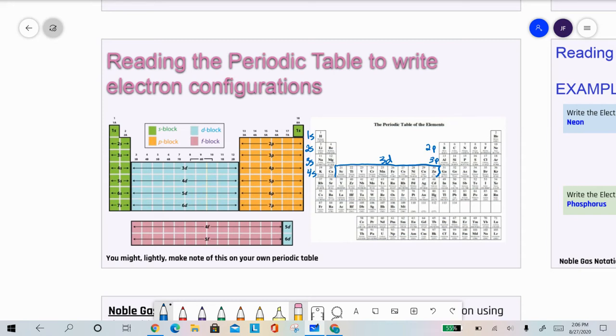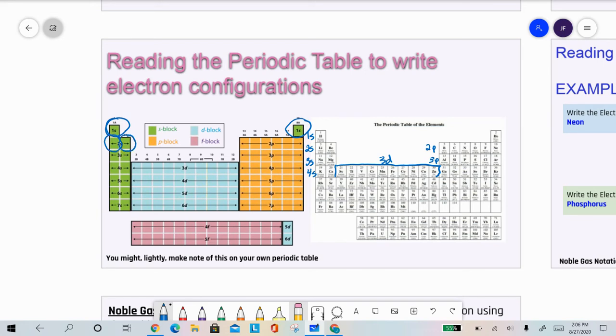Anyway, when we are reading our periodic table, it actually tells us the electron configuration just because of the pattern of the periodic table. If I start over here, I have 1 electron, and then 2 electrons, and then this atom has 3 electrons, and then 4 electrons, right?